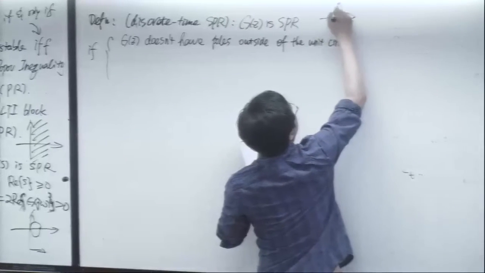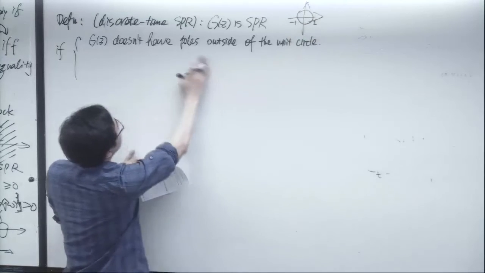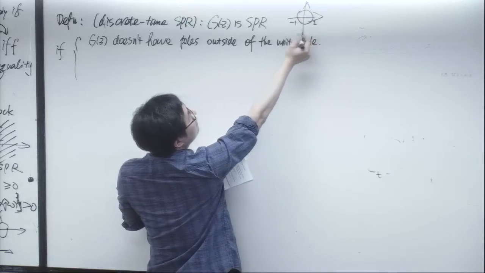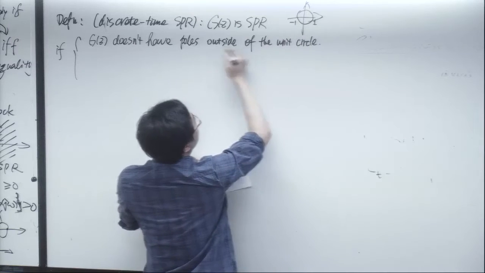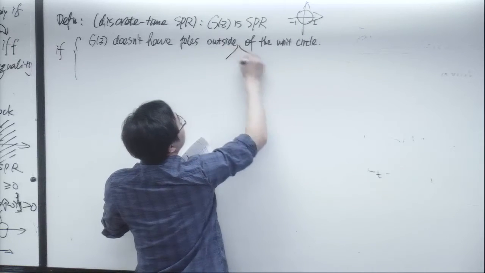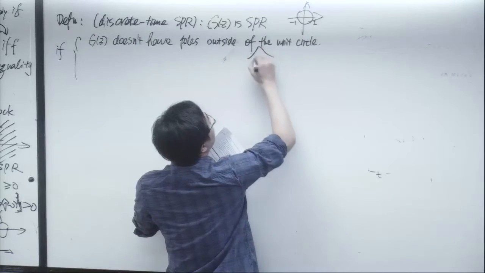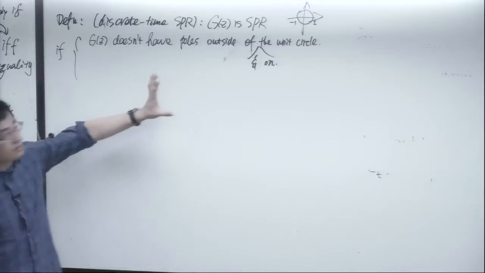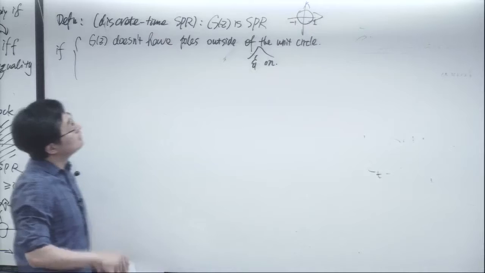So there should be no poles outside of the unit circle, and also none on the unit circle. So there are no marginal poles on this unit circle.